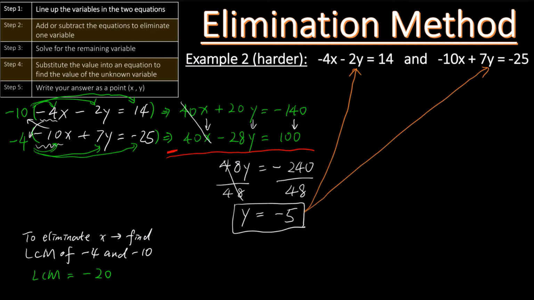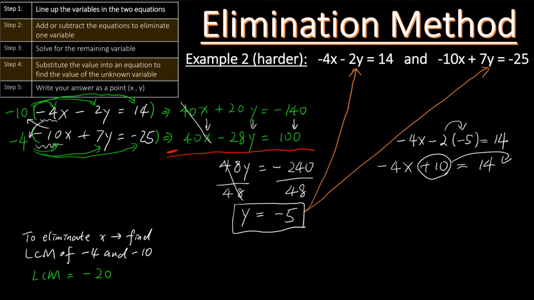So I can write negative 4x minus 2 times negative 5 equals 14. And simplifying, we have negative 4x plus 10 equals 14. Transposing the 10 to the right side of the equation, we have negative 4x equals 4. And dividing both sides by negative 4, we end up with x equals negative 1.